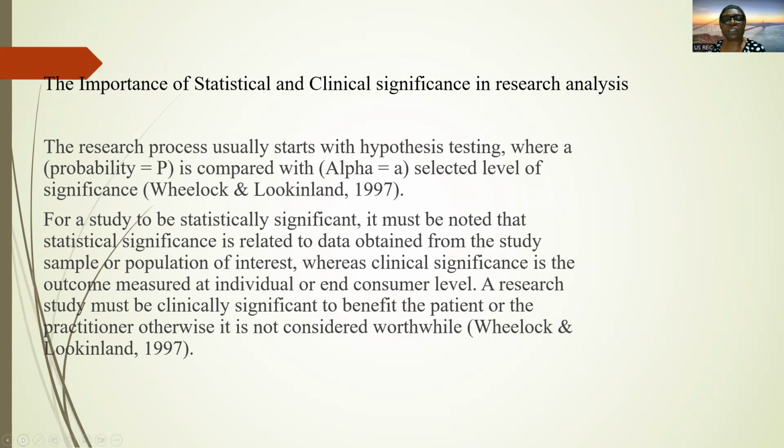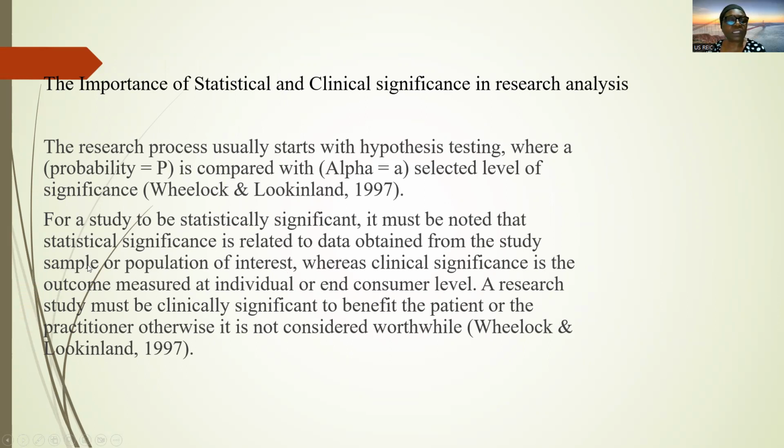The importance of statistical and clinical significance in research analysis. The research process usually starts with hypothesis testing, where probability P is compared with alpha, the selected level of significance.